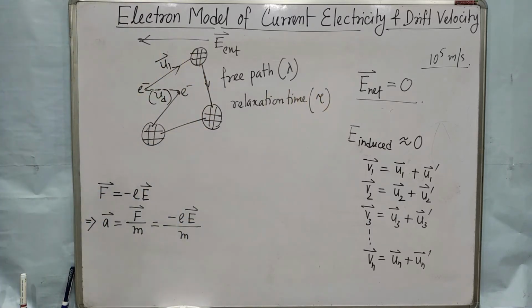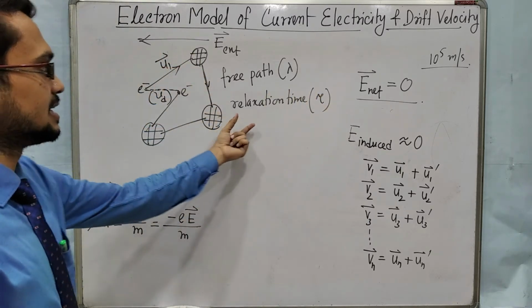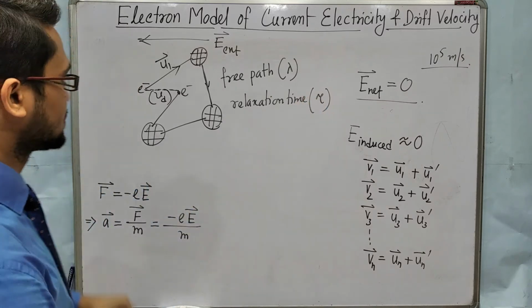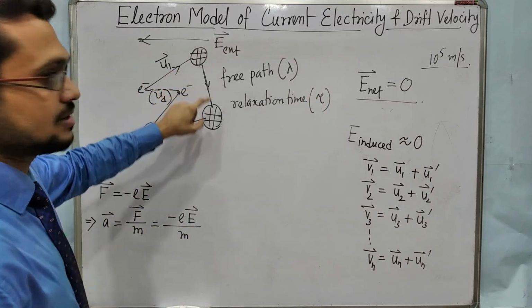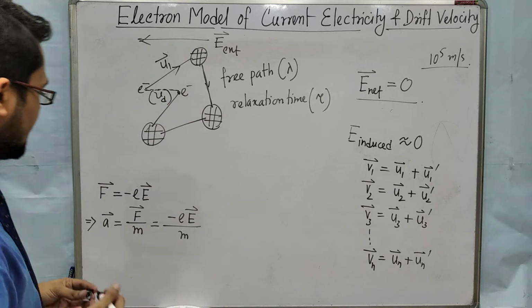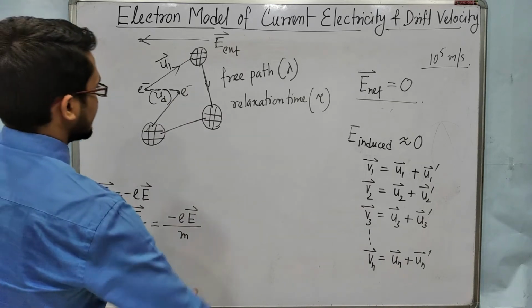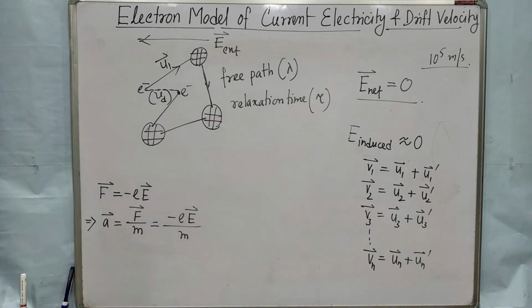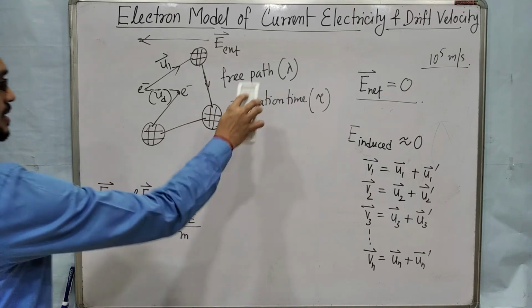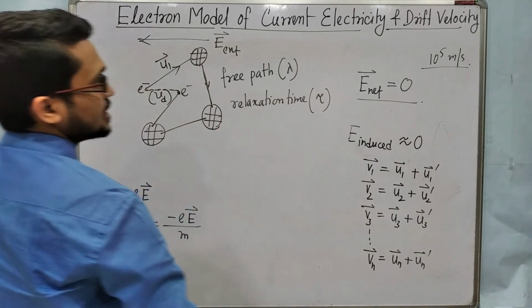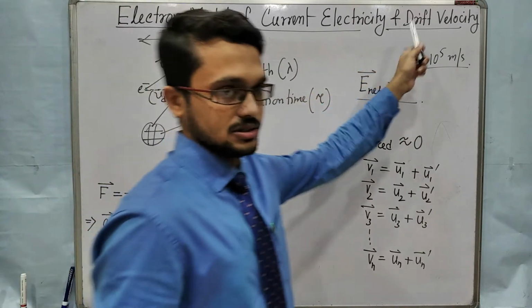It will relax in this time, then it will again collide with another ion, another atom, or another similar electron. So we have free path, relaxation time, and another new quantity, drift velocity.